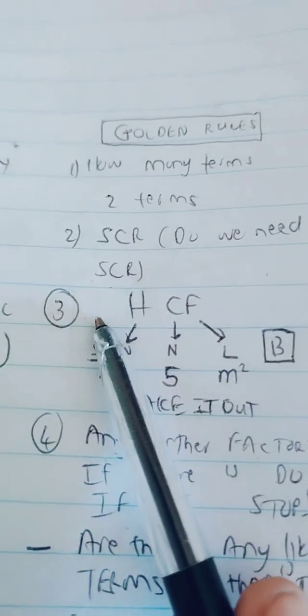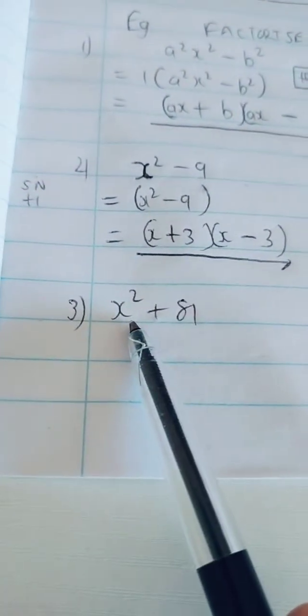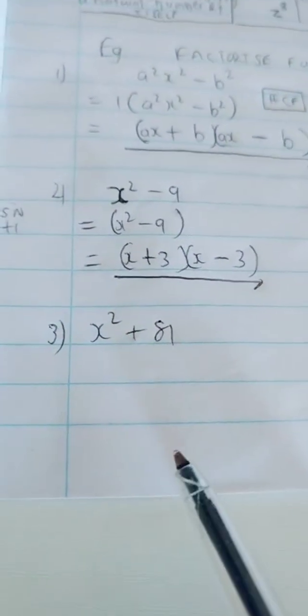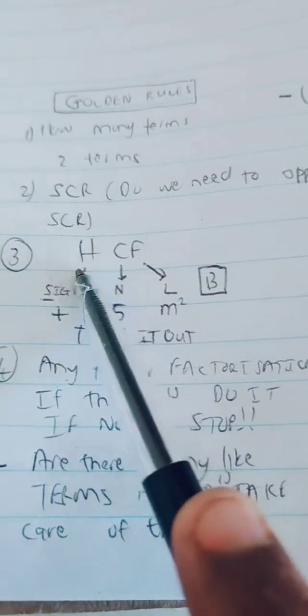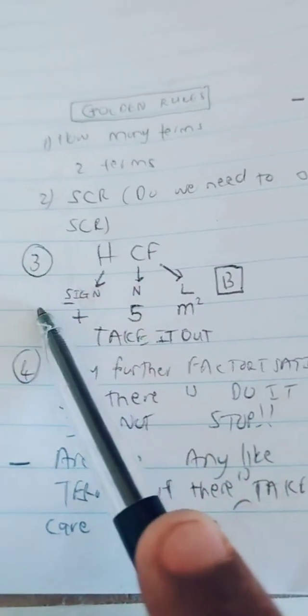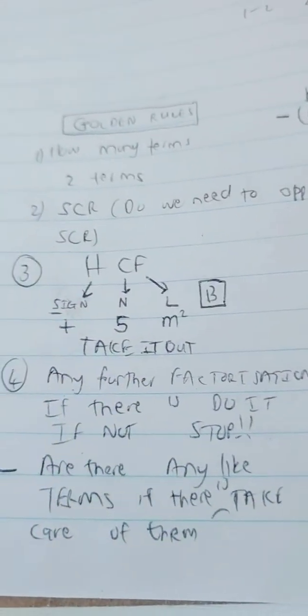Then the third question: is there a highest common factor between x squared and 81? Is there a highest common factor? I said to you guys that when you take out the highest common factor, you must take out the sign first, then the number, then the letter, and the bracket if there is one.